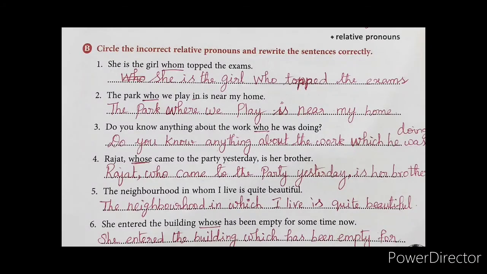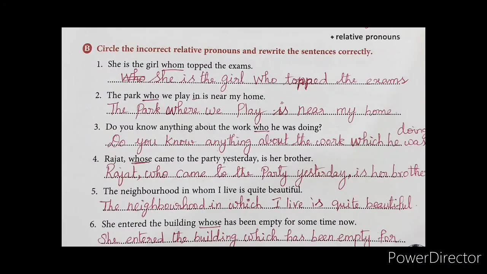So likewise, second one, the park who we play in is near my home. So in is wrong. We should not use in. So the park who we play is near my home.